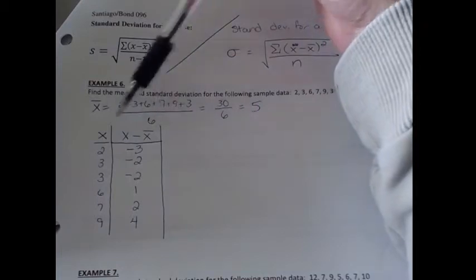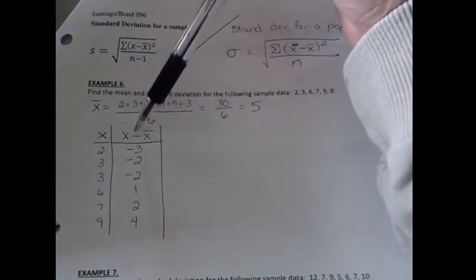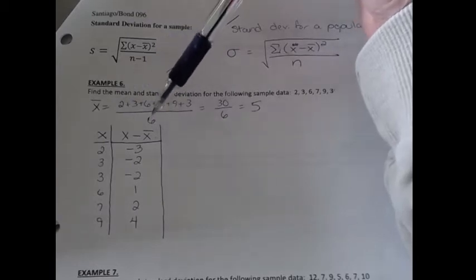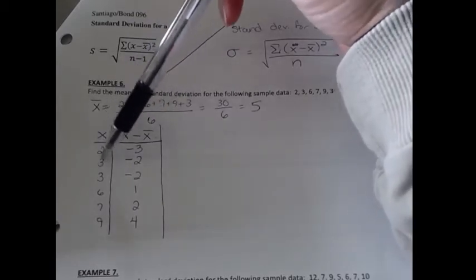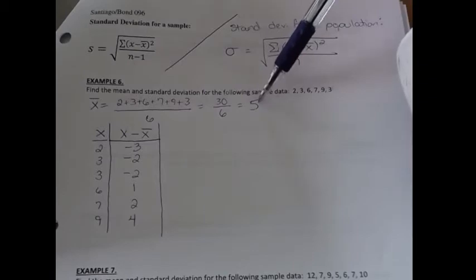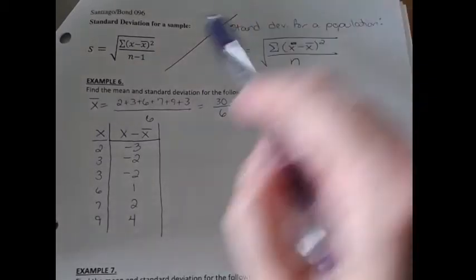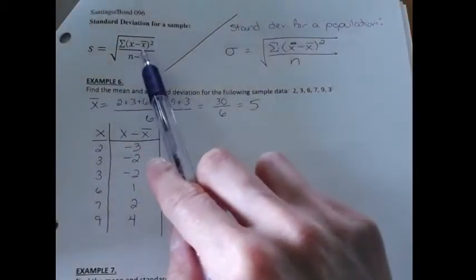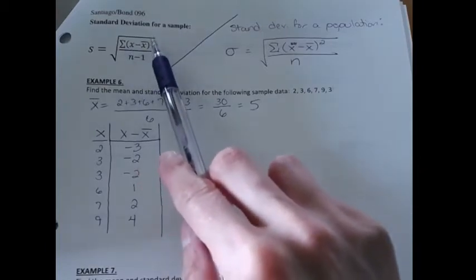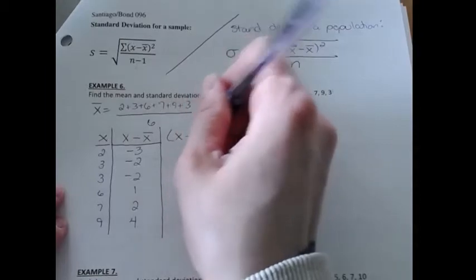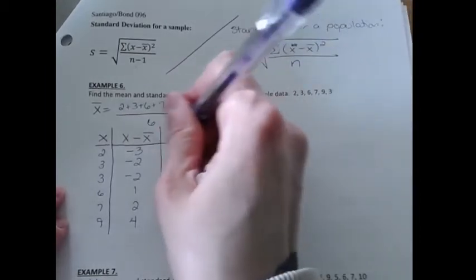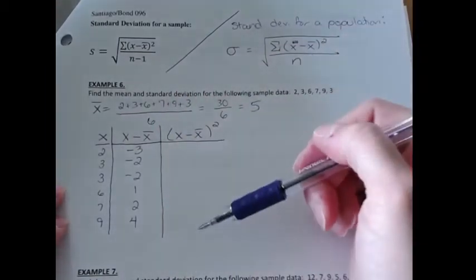The column header should guide your calculations. Because this says x minus x bar, just think about it logically. You'll take each raw data value and you'll subtract the mean. Next, notice in our formula that x minus x bar is being squared. So that's our next column header. You're going to take each of the differences and square them.